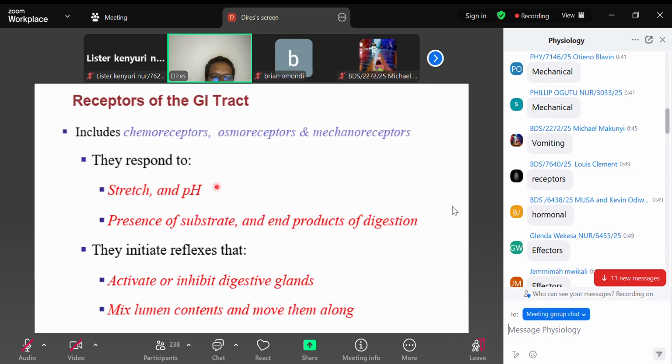These receptors respond to stretch, pH, which is chemical, and the presence of substrate, the end products of digestion, whether fat, protein or carbohydrate. They detect these and affect our appetite.